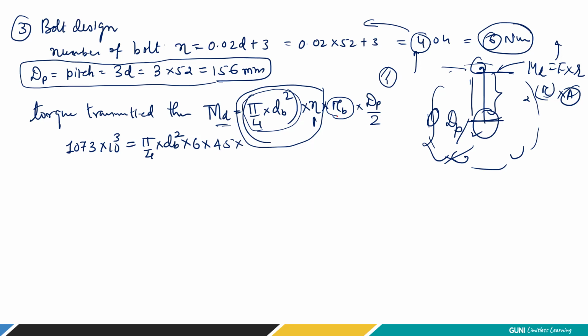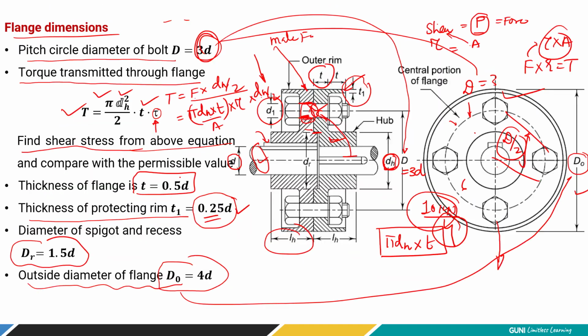And the pitch circle diameter is 156, so 156 by 2. Now if you resolve this, you are going to get 8.56 millimeter.